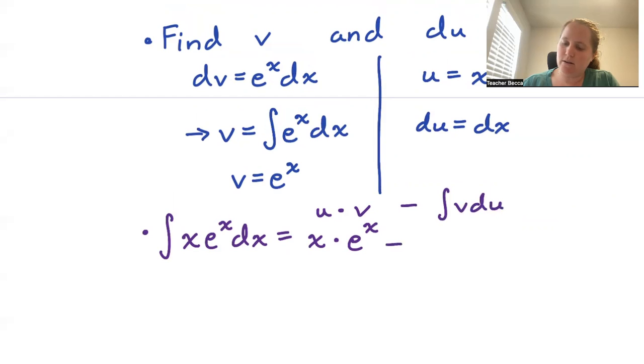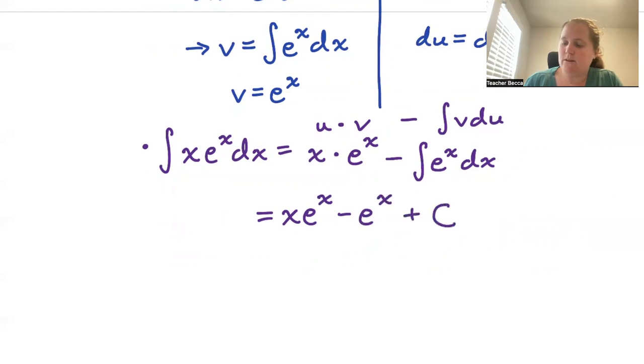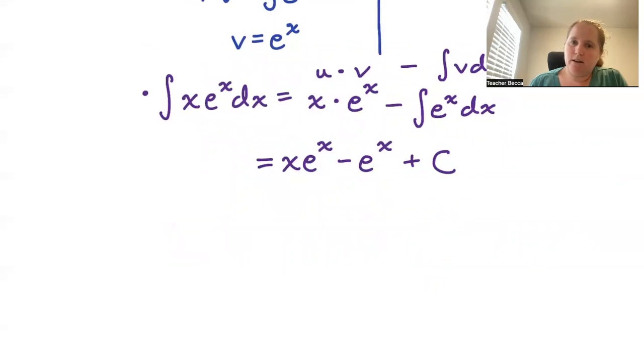So we are subtracting off the integral of e to the x dx. This becomes x e to the x minus e to the x plus c, since the integral of e to the x dx is simply e to the x. So we can pick an antiderivative, x e to the x minus e to the x is an antiderivative.